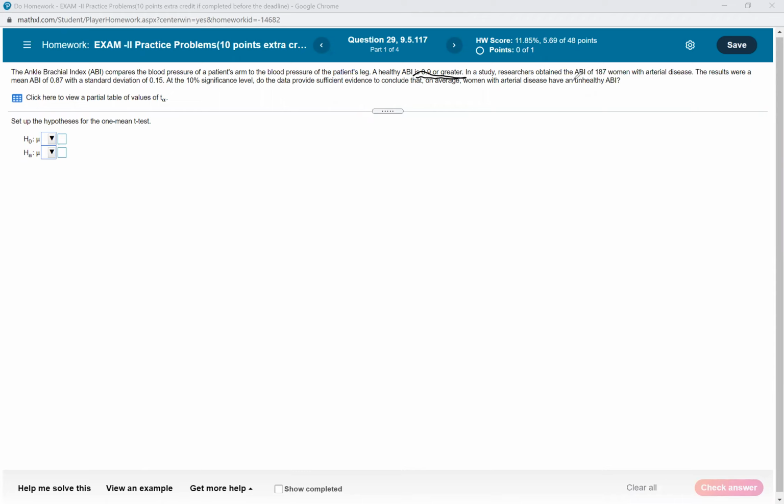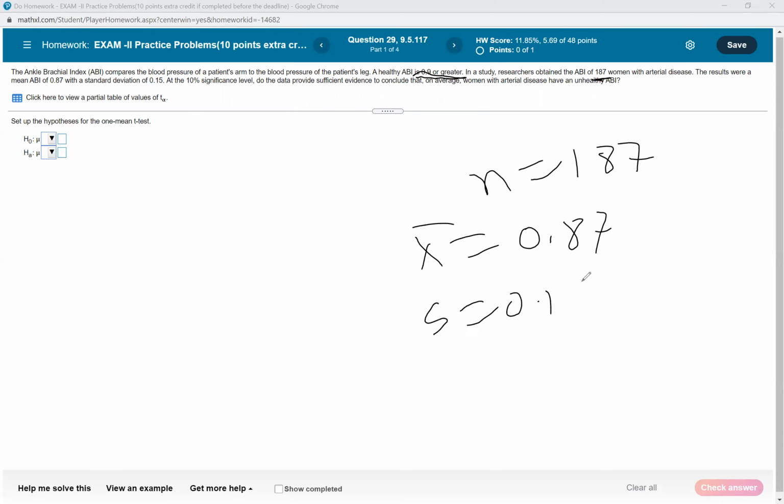So in the study, researchers obtained the ABI of 187 women, so n is 187. The results were a mean ABI, so x bar is 0.87, with a standard deviation of 0.15.